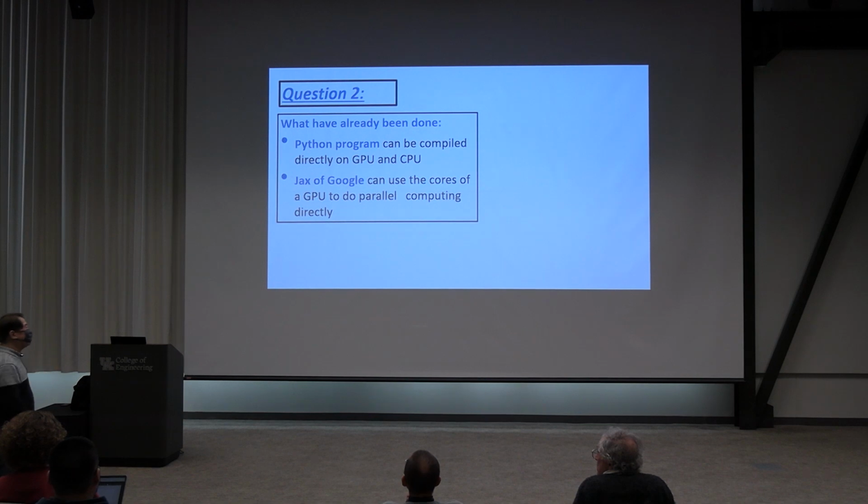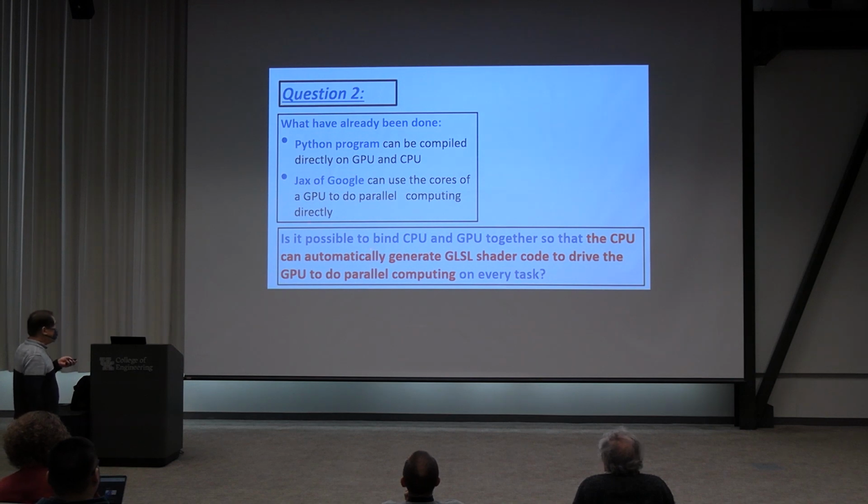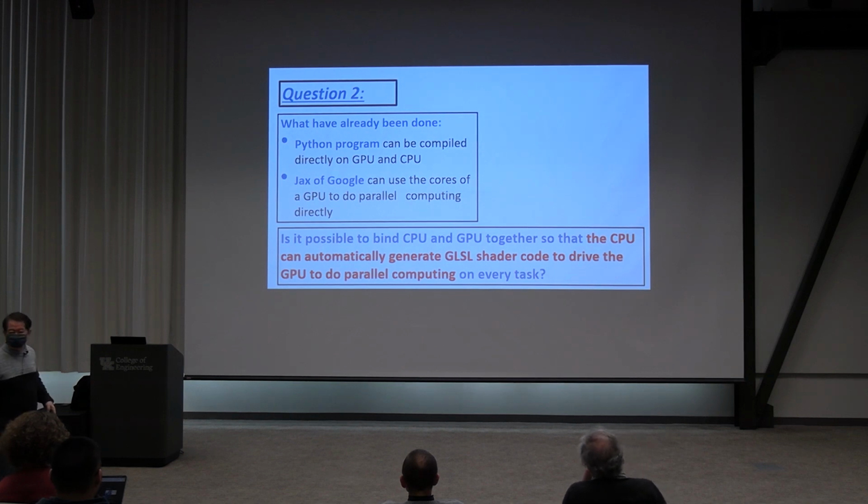So here is a very ambitious question. Is it possible to bind the CPU and GPU together so that the CPU can automatically generate GLSL shader code to drive the GPU to do parallel computing on every task?